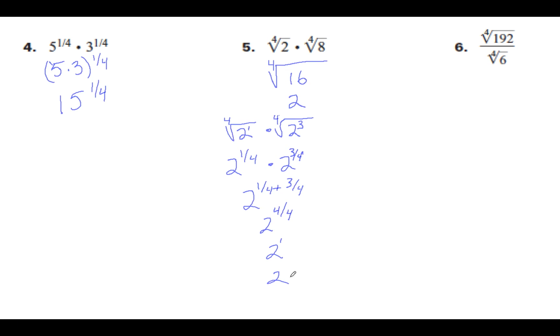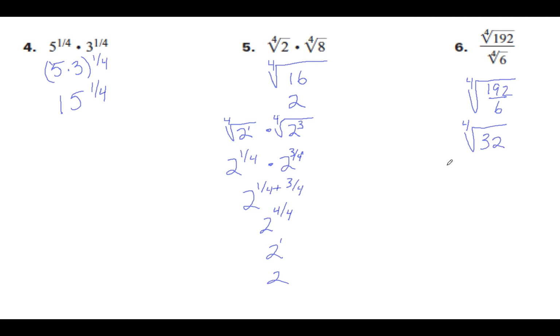And then we have quotient of powers. So we come up here, we could just take this and make this the 4th root of 192 divided by 6, and that's the 4th root of 32.